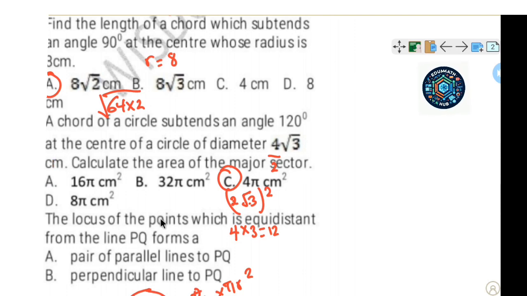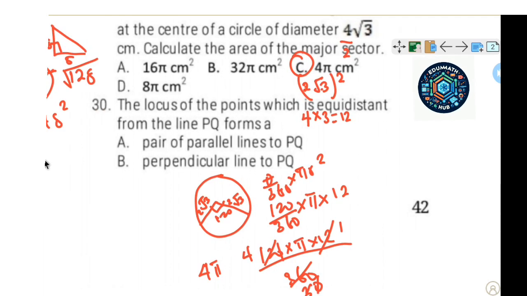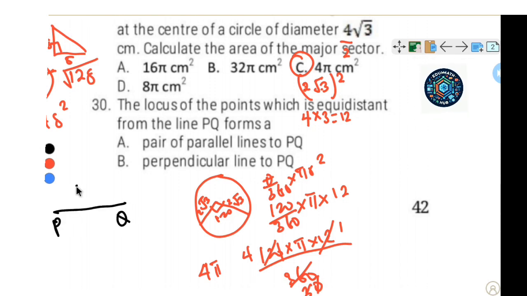So for the next one, we are going to find the locus of points which is equidistant from line PQ. So this is under locus. Locus is just the path traced by a point when it moves under certain conditions. So you have a line PQ, and there's a point above the line. Anywhere this point moves to, the distance from the line is constant.